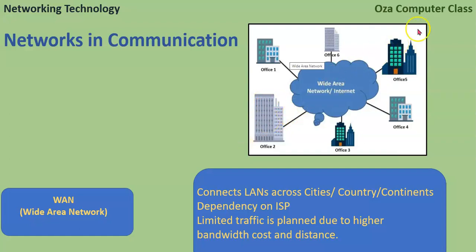So you want connectivity between these two. That is called a wide area network. But we try to limit the bandwidth, because distance and bandwidth both are the factors that the ISP considers to charge you. Right? If you ask for more bandwidth, more distance to cover, they will charge you more.